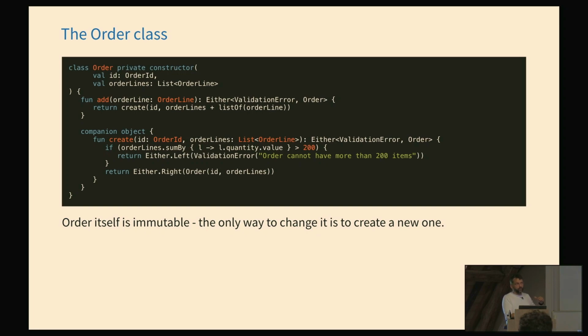So you can order 50 of one book and 50 of another, but you can't order 200 of one and 200 of the other, or even 150 of one and 100 of another, because that exceeds 200, and we don't want to send more than 200 items. So again, you can see we force this to go through our validation logic every time we try to change something. We don't have these setters and getters that allow us to directly access stuff and modify things.